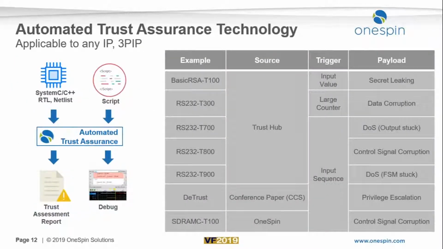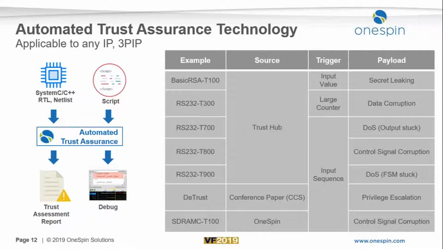So at OneSpin, we have different technology to face this problem. One is automatic trust assurance. We basically have technology where we get the design, we have some script to run the tool, and we pop out a trust assessment report.